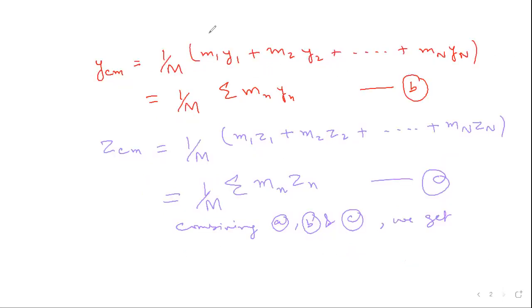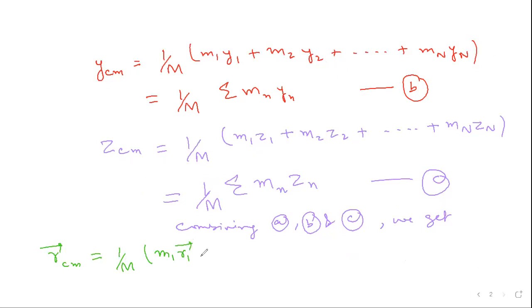So I write RCM. Now it is a vector. What is RCM? Position vector of the center of mass. It will be 1 over m1 r1. What is r1?